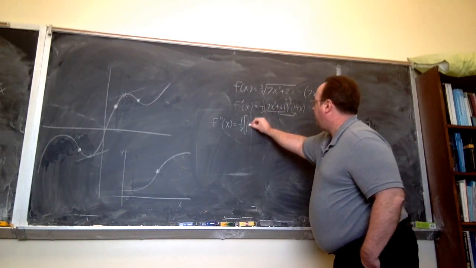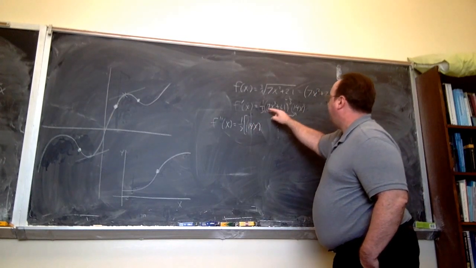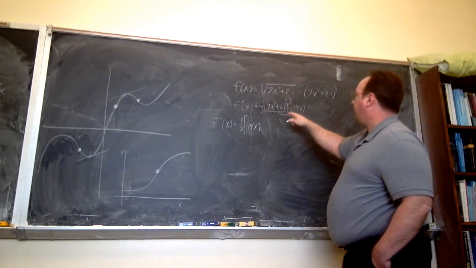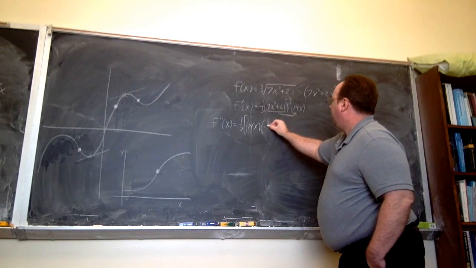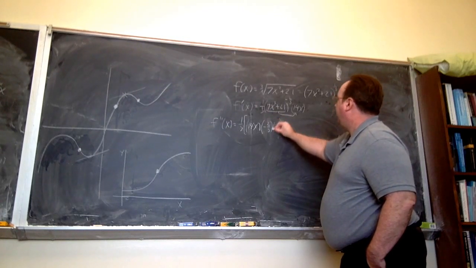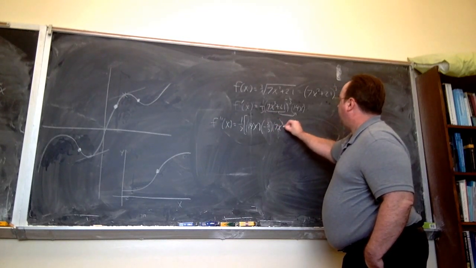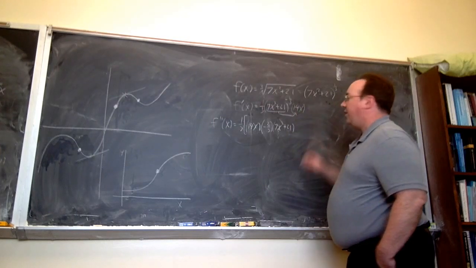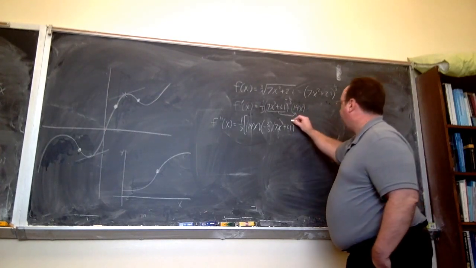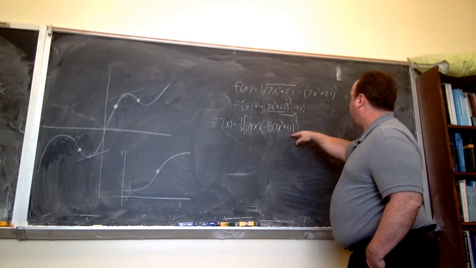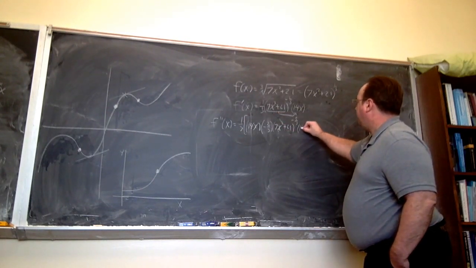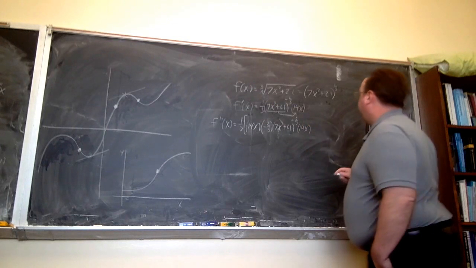So I have 14x times the derivative of (7x squared plus 21) to the minus 2/3. That plays out pretty much like before: minus 2/3 times (7x squared plus 21) to the minus 2/3 minus 1, but that's minus 5/3, times the derivative of what's inside, which again gives me 14x.